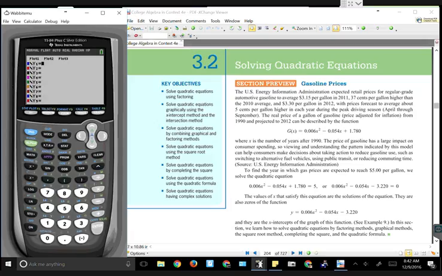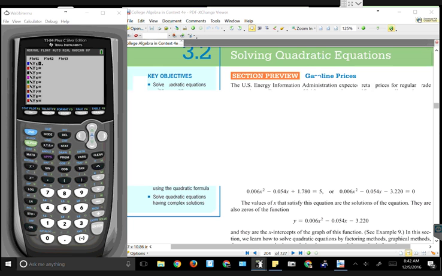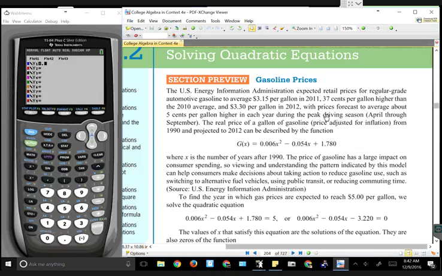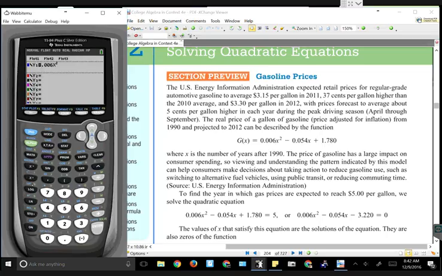So, I put the information in there. 0.006x squared minus 0.054x plus 1.78.